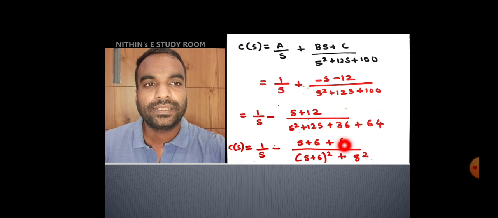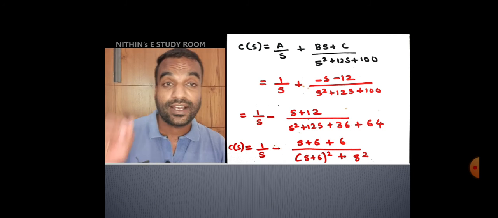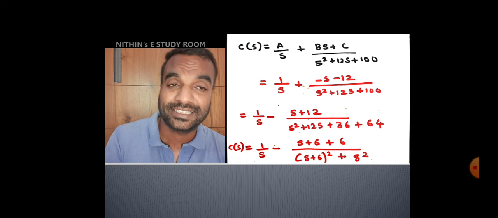For the time being, please eliminate this thing. I will eliminate this in the next step. Suppose this is s plus 6 in the numerator. Actually, we need s in the numerator, but it is s plus 6. In the denominator also, we need s square plus 8 square, but it is s plus 6 square. That is, wherever you need s, there is s plus 6.